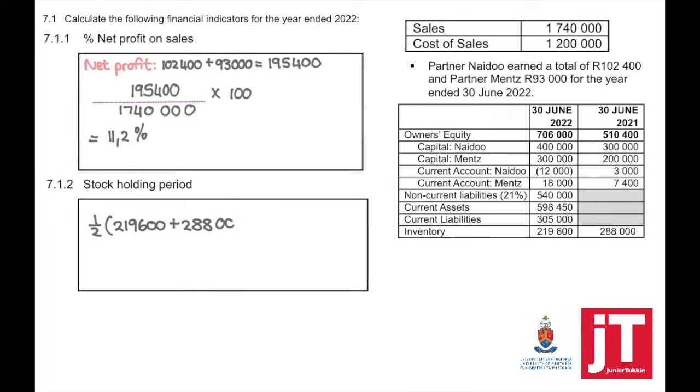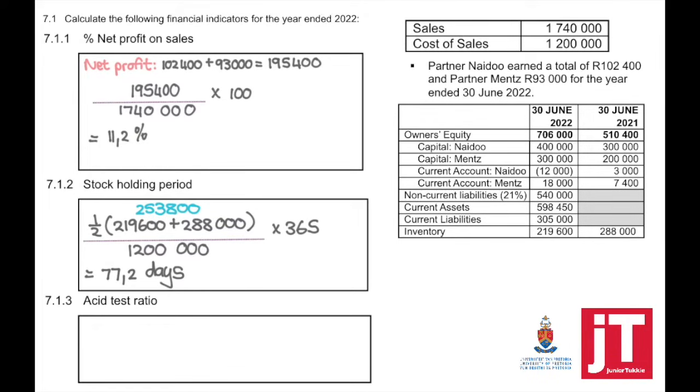To calculate the average stock, we need to take the beginning plus end divided by 2. Then, once we've got the average stock, we're going to divide it by the cost of sales times 365 days. That means that my stock holding period is 77.2 days.